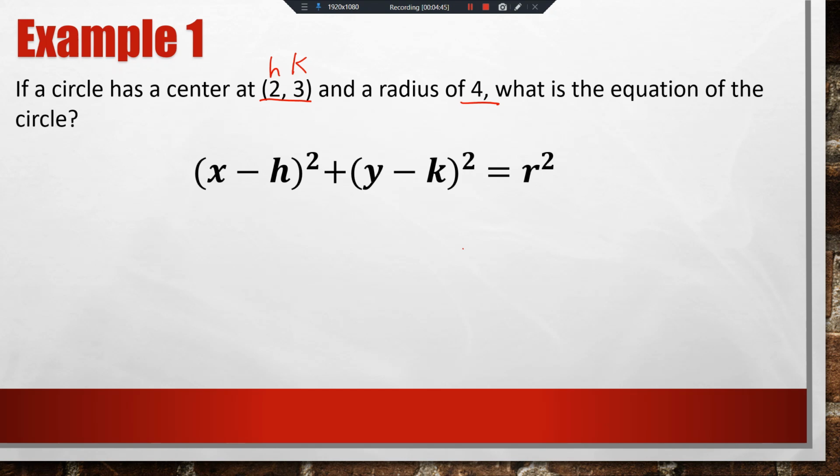When we say plug in, we're going to substitute all the givens in the equation. So here, we're going to change the h by 2, and of course, k will be changed by 3, and r will be changed by 4.